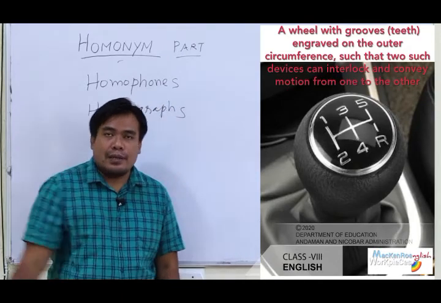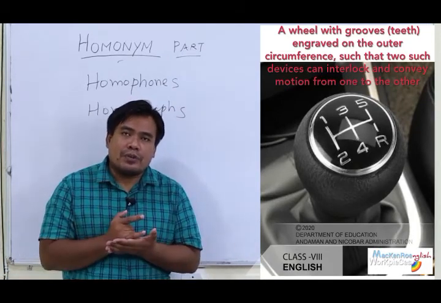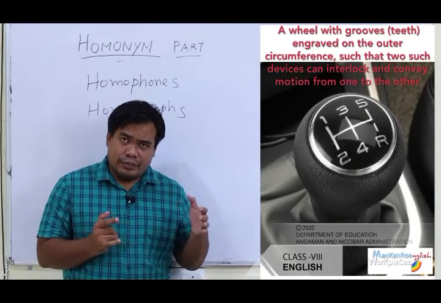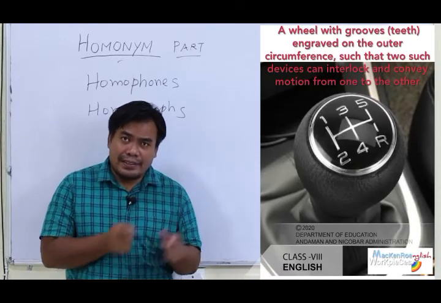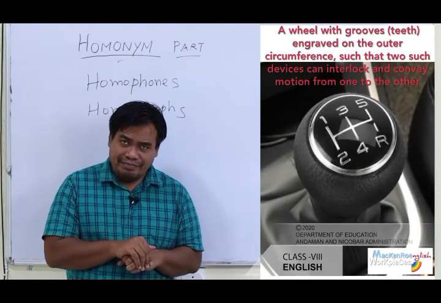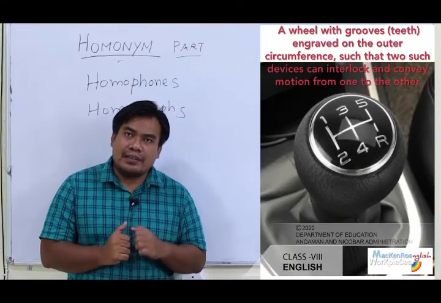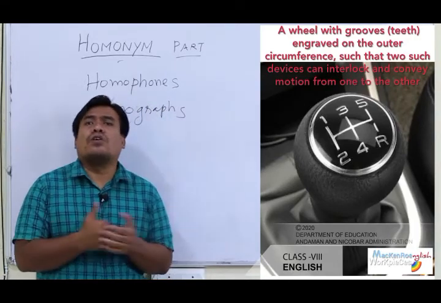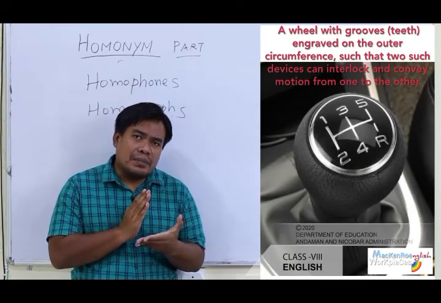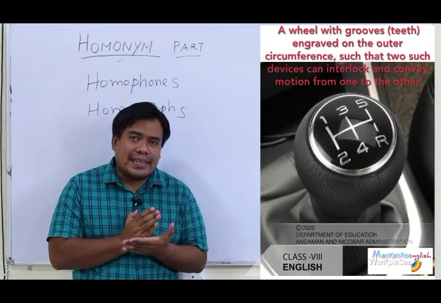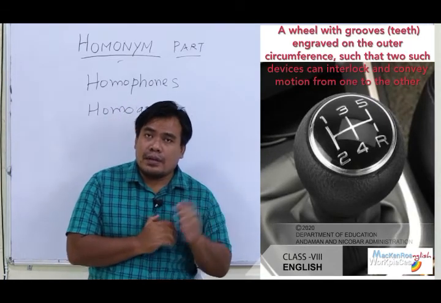Okay, but by the way, when we talk in terms of driving vehicles, especially four-wheelers or cars, you will find this object over there. It's called gear. G-E-A-R, gear. Okay, the first gear, second gear, third, reverse gear, and all those. Okay, so that particular machine inside the vehicle or four-wheelers is called gear.